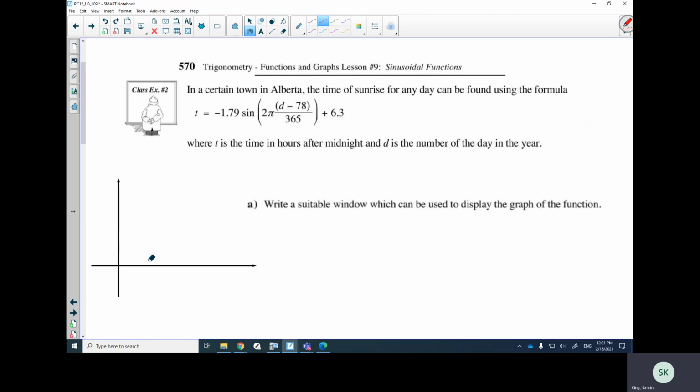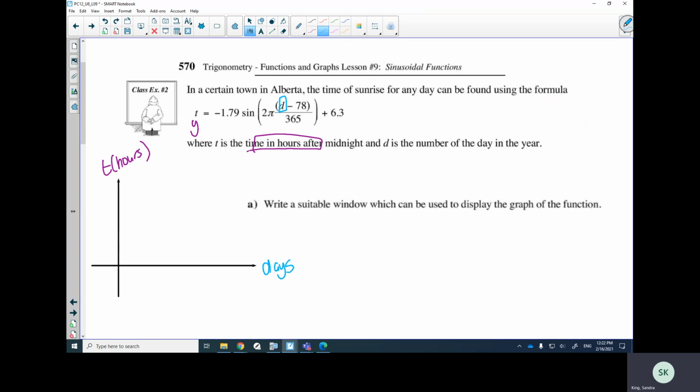Hopefully you see that your y-axis is t for this example, and they want time. Time is in hours after midnight. So time goes on the y-axis here. What they want on my x-axis is days.